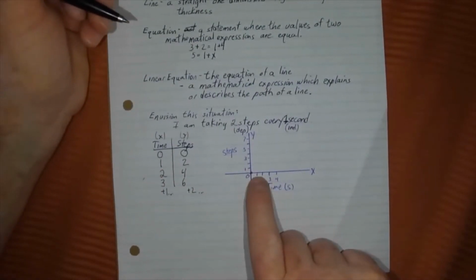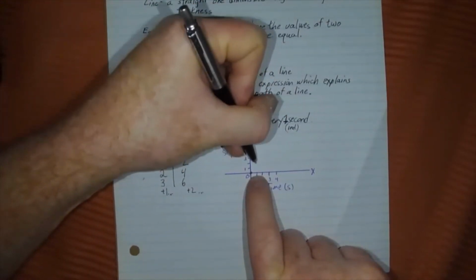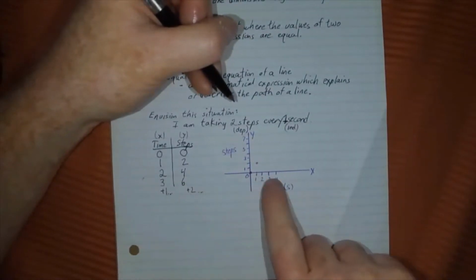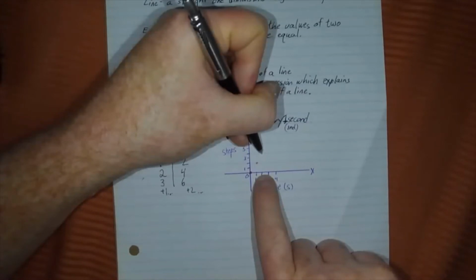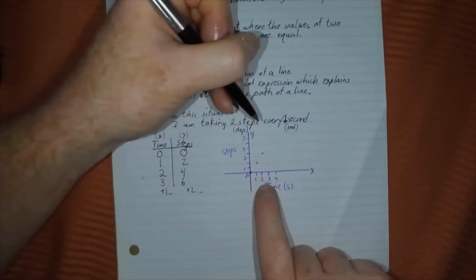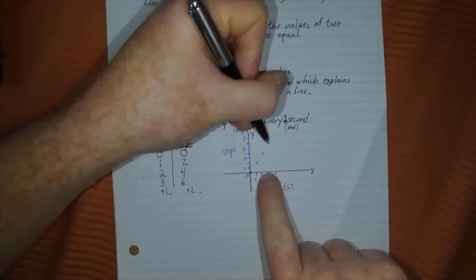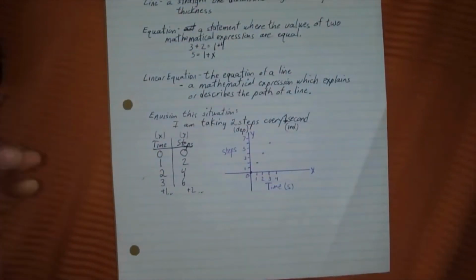At x 1, so I find 1, my y is 2, so I go up to 2. 2 and 4, so up to 4. Now I will again reiterate, this is not drawn to scale. 3 and 6, so 3 up to 6. And I have a projection of my line.